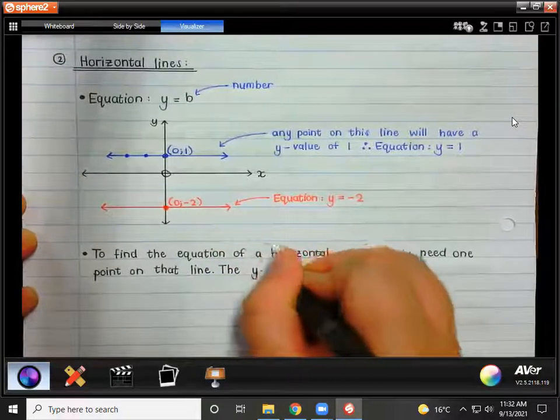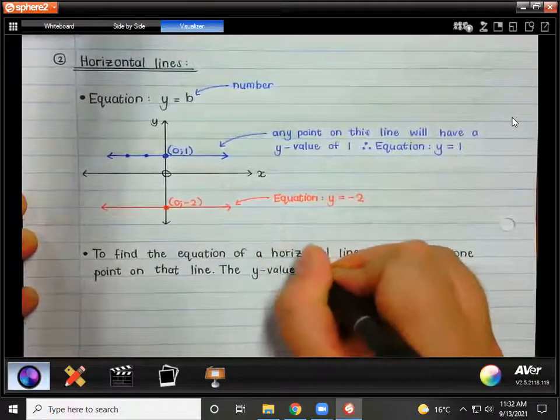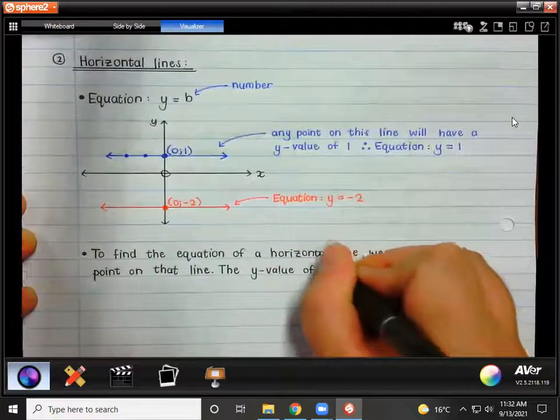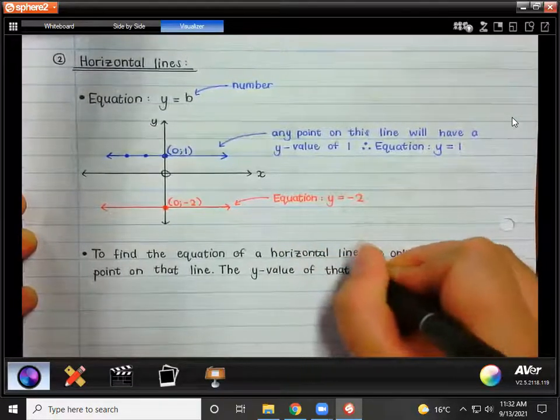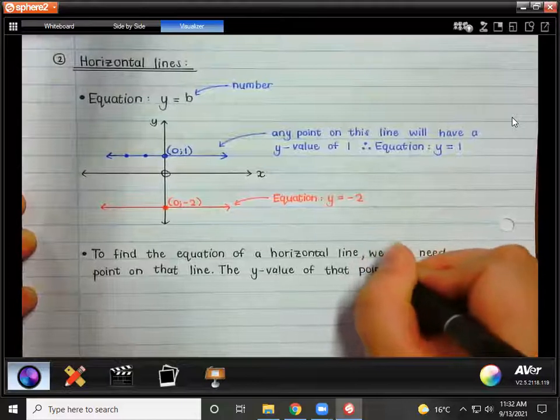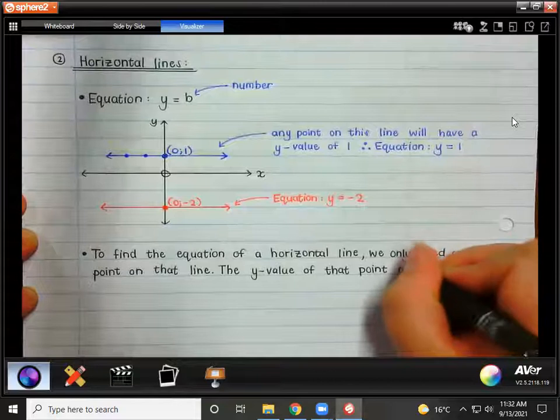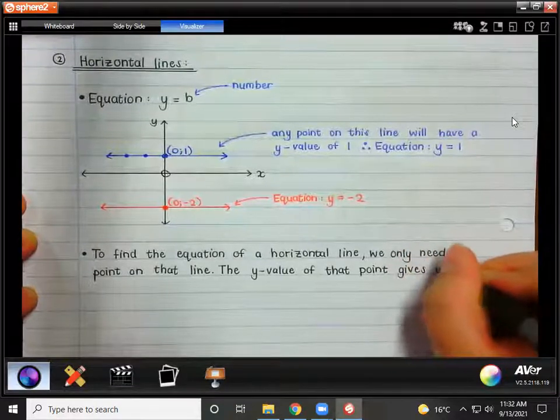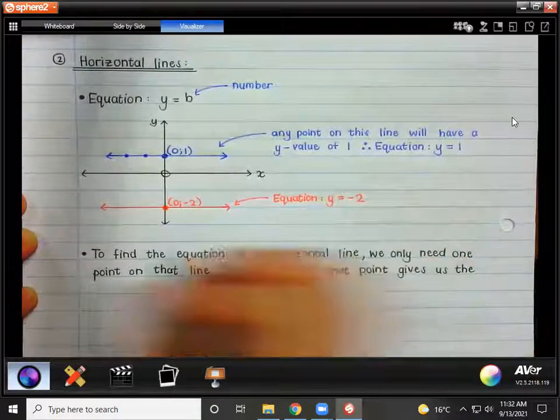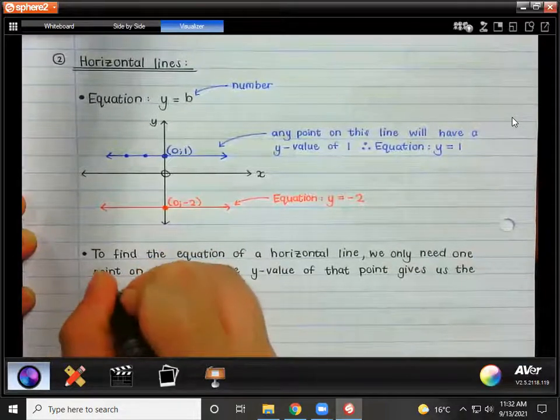The y value of that point gives us the equation of the line.